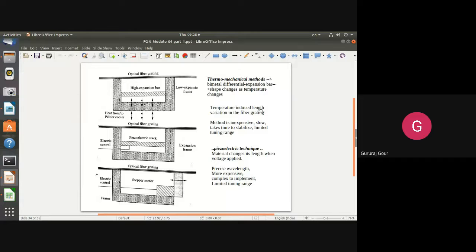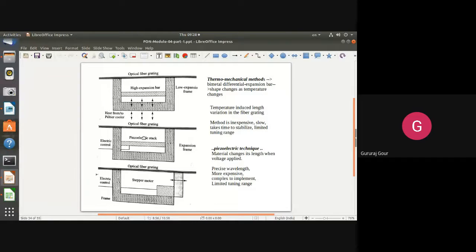So the temperature induced by this heating effect or filter cooler effect results in a change in length in the fiber grating. This method is inexpensive, but slow, takes more time to stabilize and has a very limited tuning range. So that's why the thermomechanical method is rarely used.